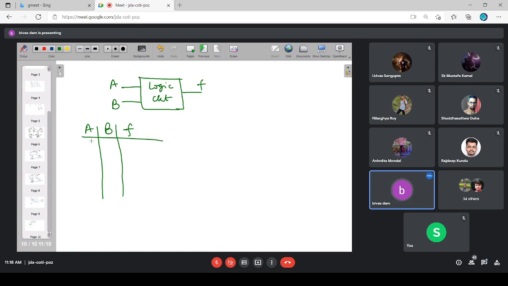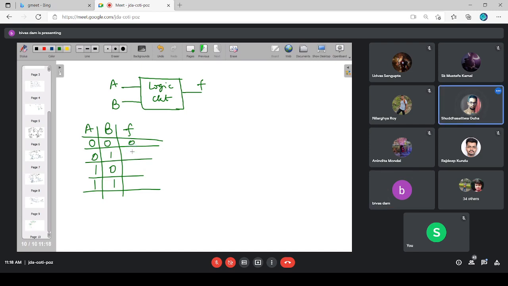What are the possible input values? 0 0, 0 1, 1 0, and 1 1. What information are you supplied with? Now, if the logic system is considered to be positive logic system, this logic circuit behaves as a 2 input AND gate. So if the inputs are 0 0, what will be the output? 0. 0 1, 0. 1 0, 0. 1 1, 1. Okay.